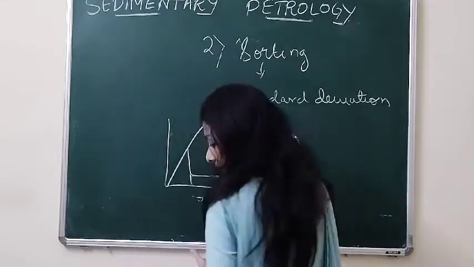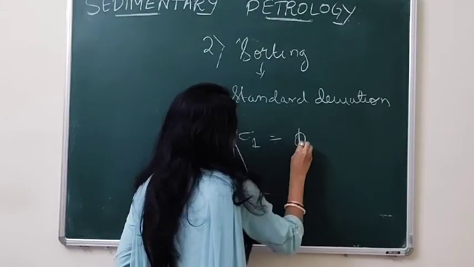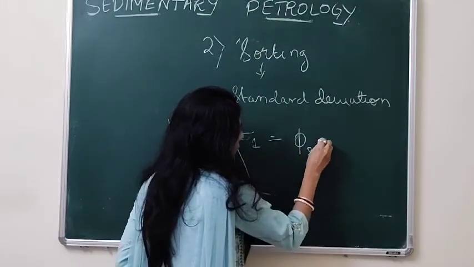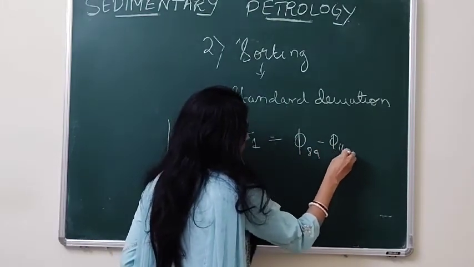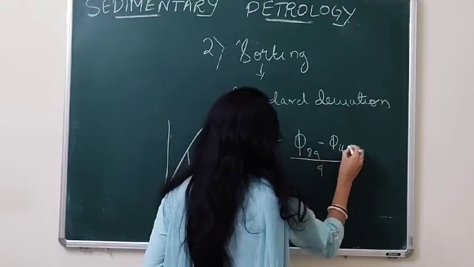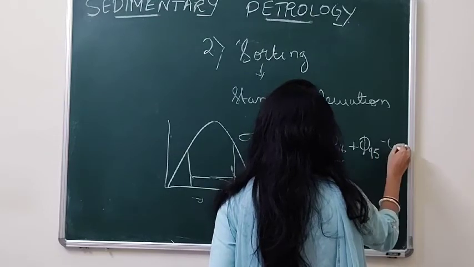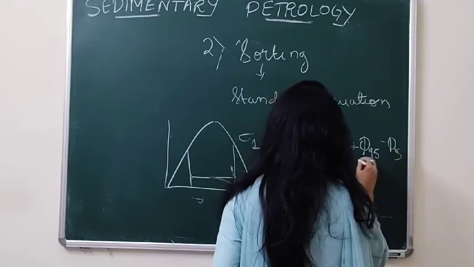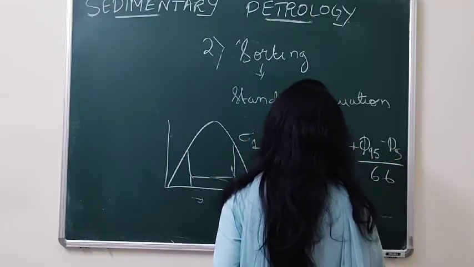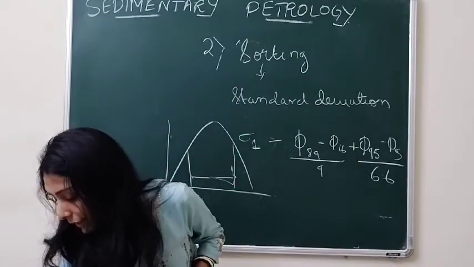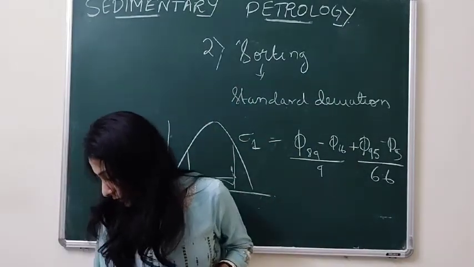Now inclusive standard deviation has a formula which is (584 minus 516) divided by 4 plus (595 minus 55) divided by 6.6. So this is the formula of inclusive standard deviation.